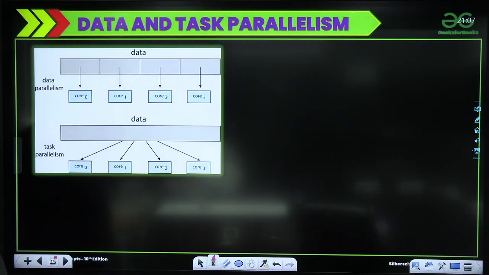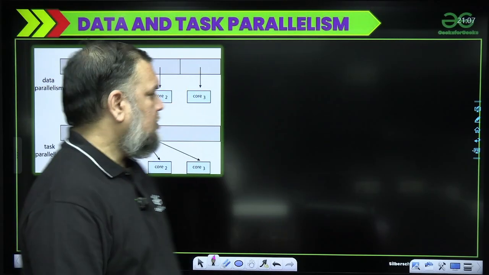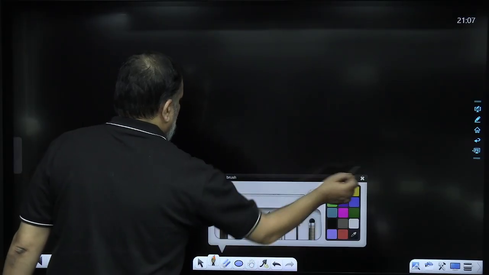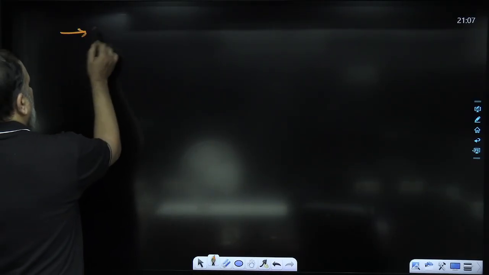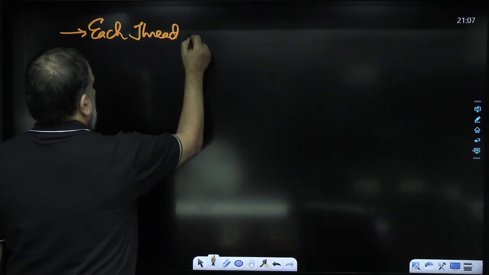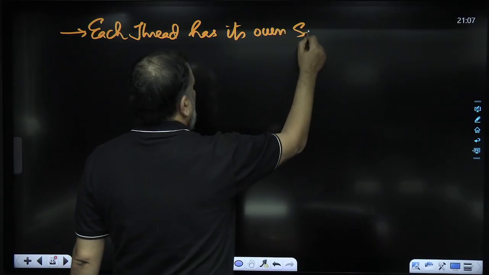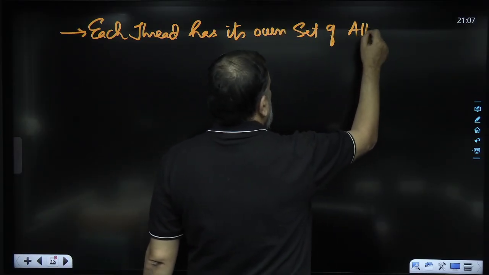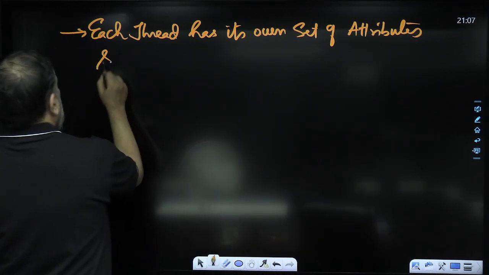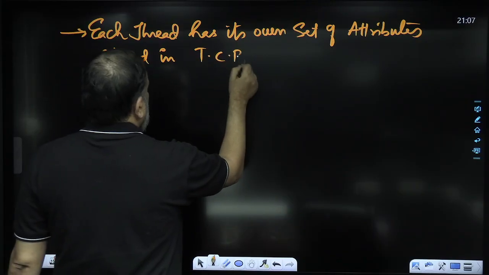Okay. So that is about the philosophy of multi-threading. Before I continue with the types of threads, I would like to tell you that one of the reasons for calling threads lightweight is that each thread has its own set of attributes, stored in the TCB.